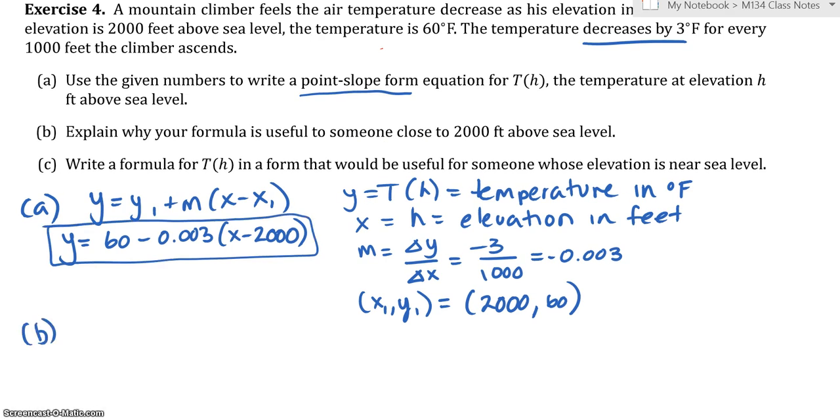Part B. Explain why your formula is useful to someone close to 2,000 feet above sea level. Well, it's right here. Close to 2,000 feet above sea level, we're just decreasing by 0.003. If we're at 2,000 feet, we know it's 60. And at 2,001 feet, we would just decrease by 0.003.